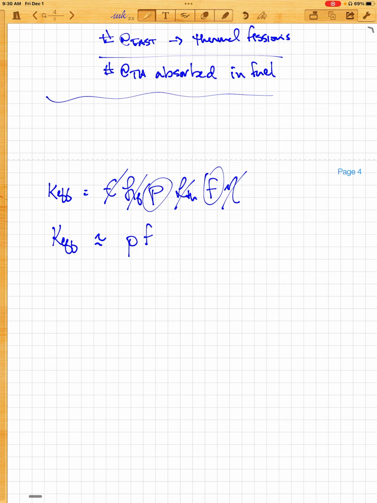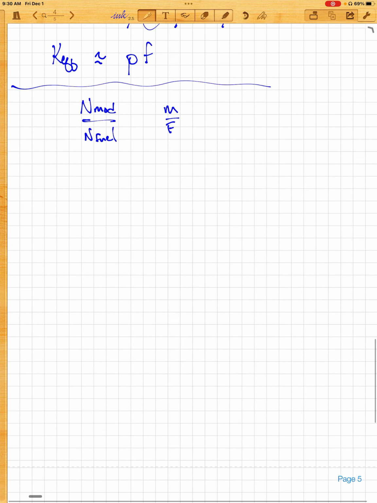All right, now let's talk about something called the moderator to fuel ratio. The moderator to fuel, that's how you usually see it drawn. I'm lazy, sometimes I'll say moderator fuel, so bear with me if I do that.